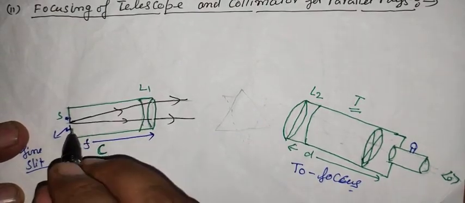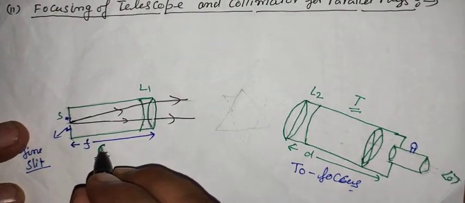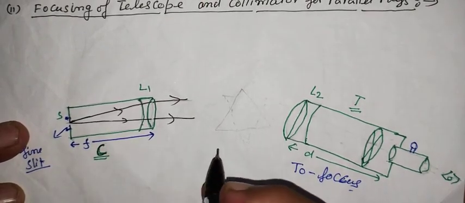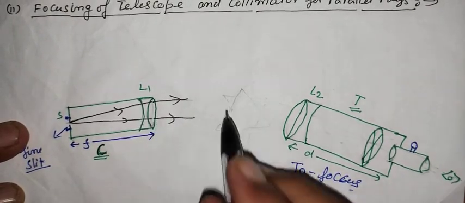So this collimator of a spectrometer is used to make a parallel beam of light.